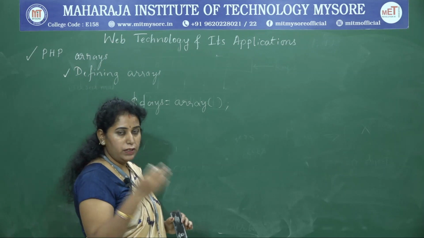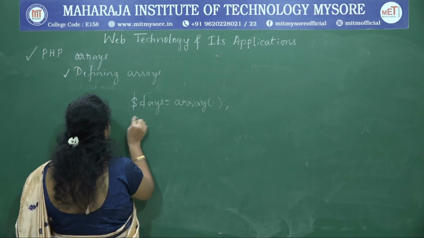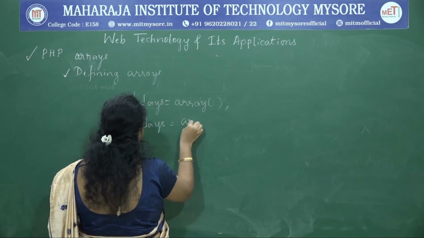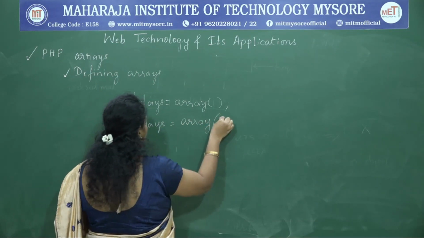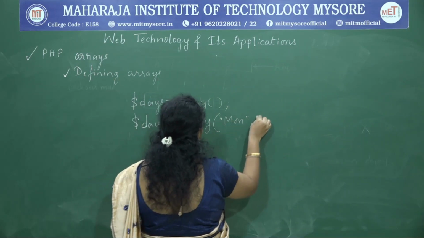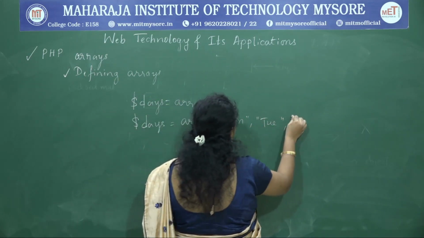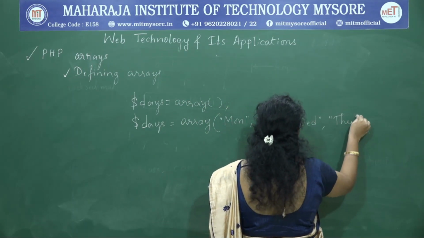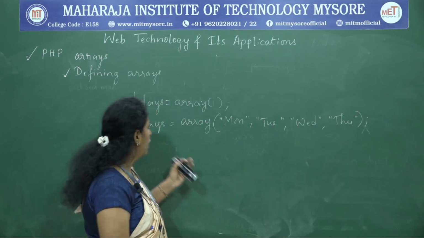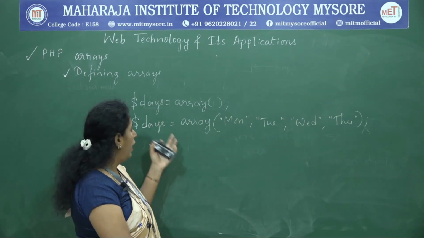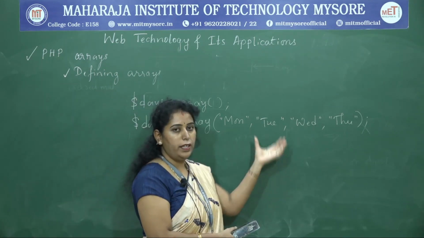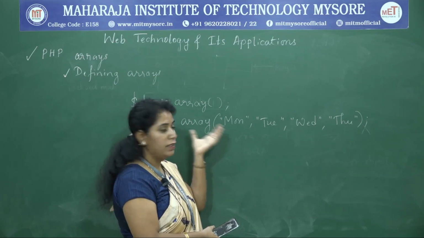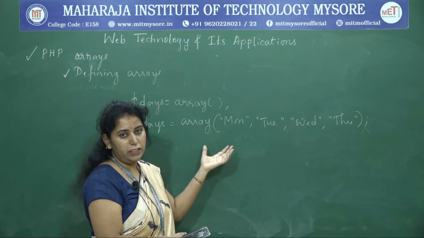Assume you want to give some initial values to an array means you can define in this fashion. For example, array Monday, Tuesday, Wednesday, Thursday. Now what had happened? You are defining an array with 4 initial values which are strings, and where keys are not specified.